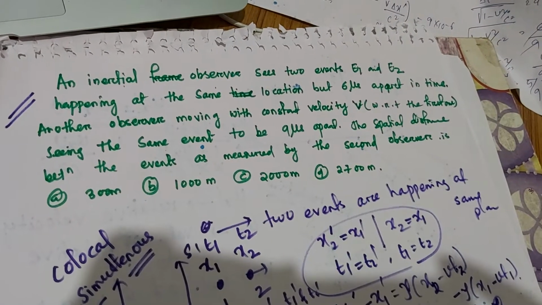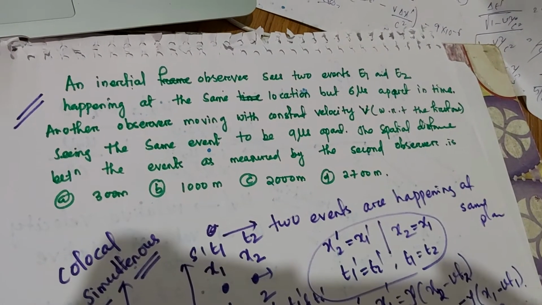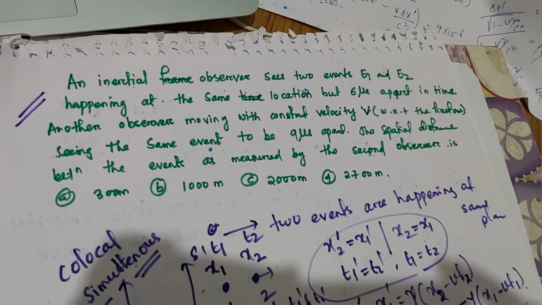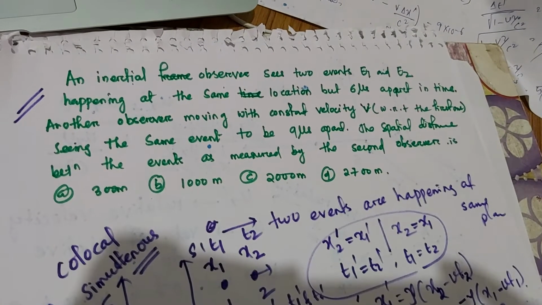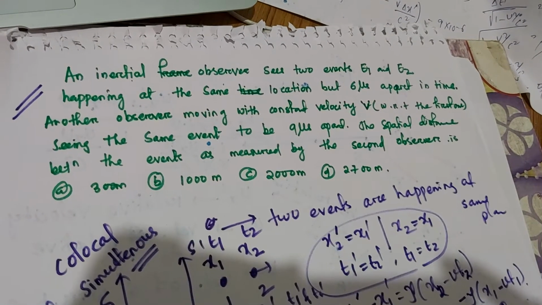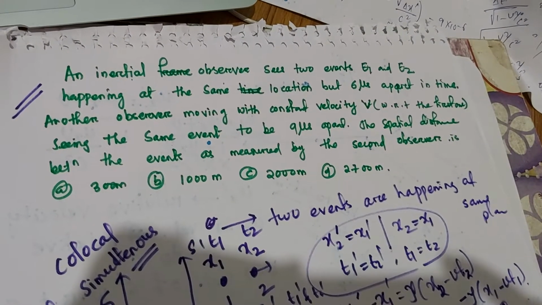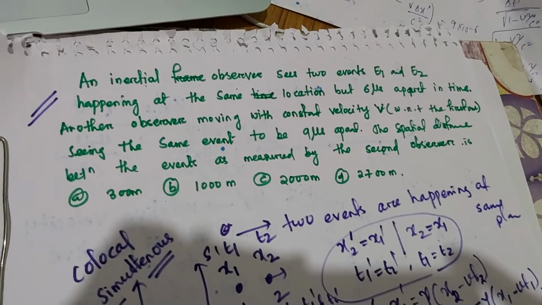Another observer moving with constant velocity v with respect to the first frame sees the same events to be 9 microseconds apart. We have to find the spatial distance between the events as measured by the second observer.